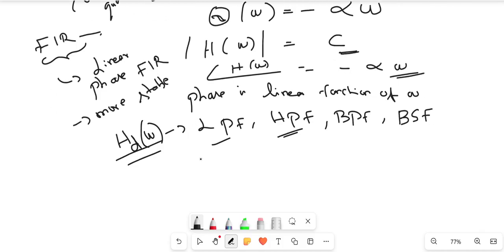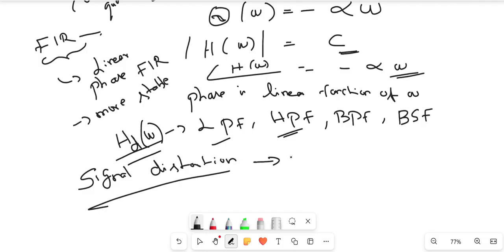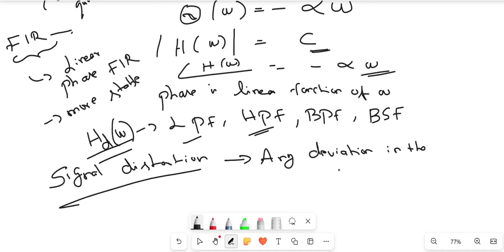So if there is any deviation in H of omega, the ideal or desired frequency response, the signal will be distorted.